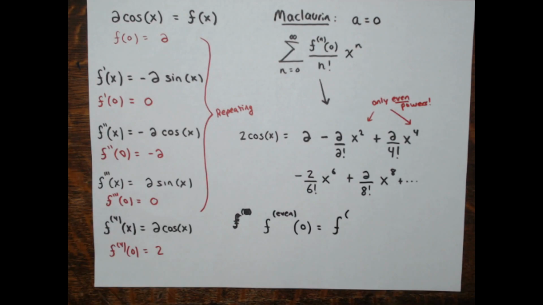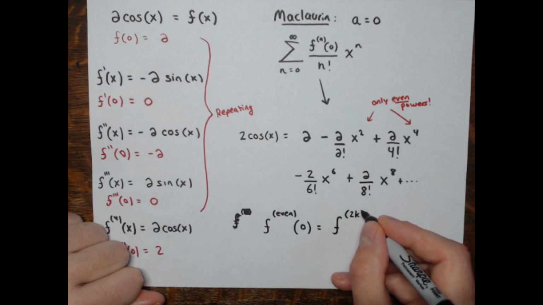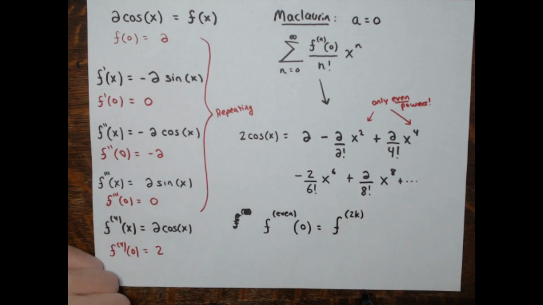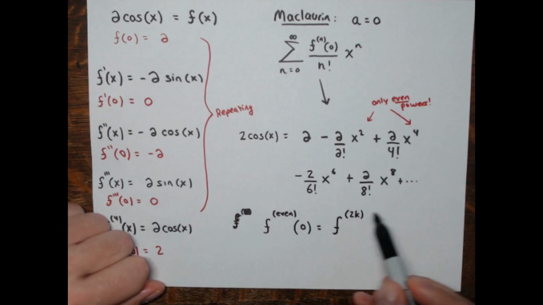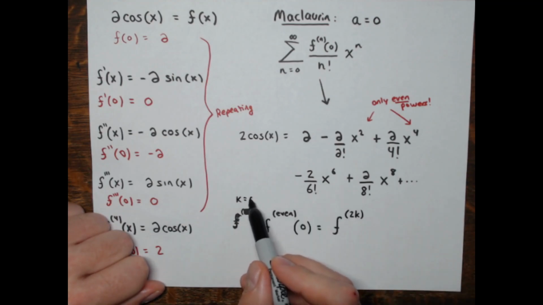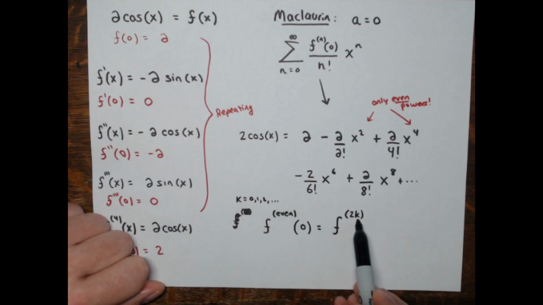Remember, every even number is a multiple of 2. So maybe I do 2k here, or 2n, whatever. That's an even number, where k is an integer, where k is equal to 0, 1, 2, and so on. 2 times 0 would be the 0th, and then the second for k equals 1, fourth for k equals 2, and so on.